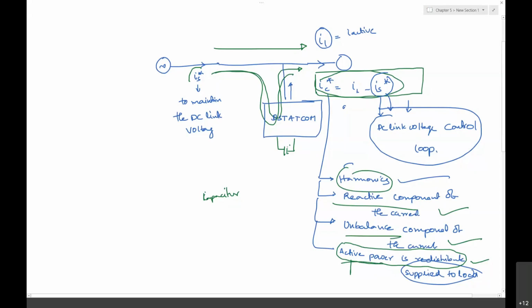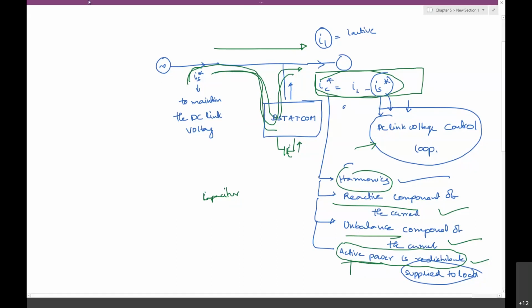If the capacitor supplies the active component of the current required by the load, then who is going to charge it? I star. The source itself has to charge it, because we have this particular DC voltage control. That means the active power is redistributed in the DSTATCOM. That's what I was telling: active power is redistributed, supplied to the load only.